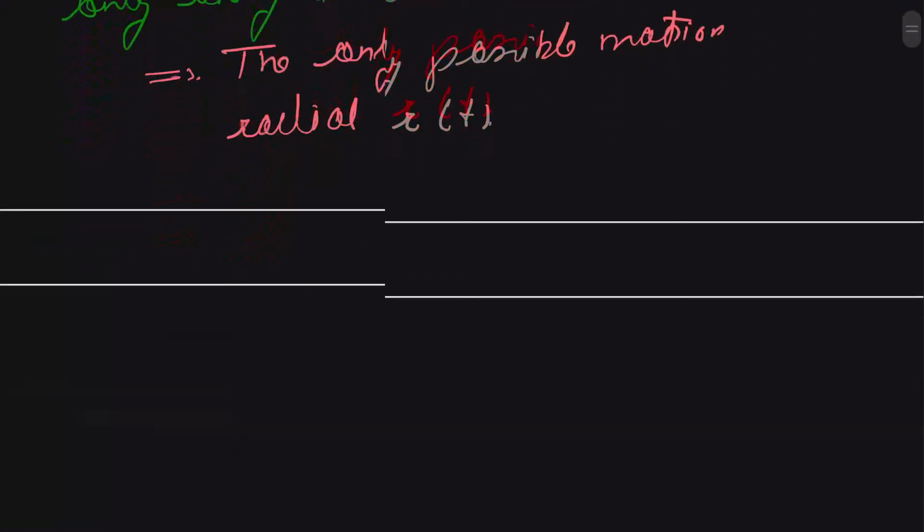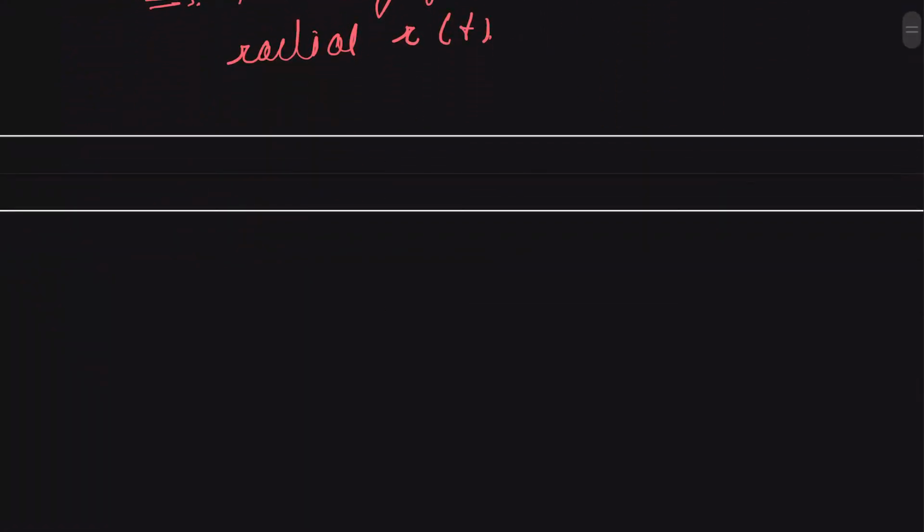So let us come to our first part, that is part A, in which we are supposed to prove the relationship. Okay. So we have just written that our bead is at a distance r from the origin.